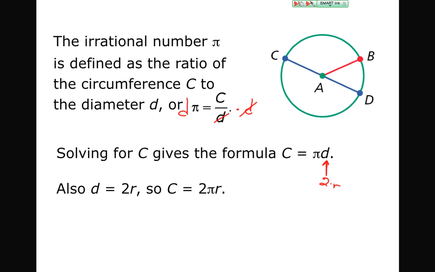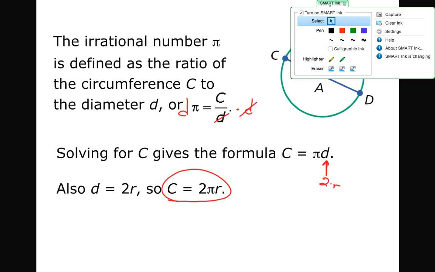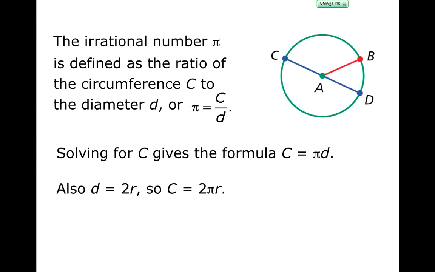So if we replace that, we come up with a second formula for circumference. And that's probably the one I use more often. Circumference is 2 times pi times the radius. But if you want to learn that circumference is pi times diameter, that's the very same formula. I have put both of them on the wall, so you could use whichever one you like. I like to use the one with radius because the area formula has radius. So if I use the circumference with radius, then I don't get so mixed up.